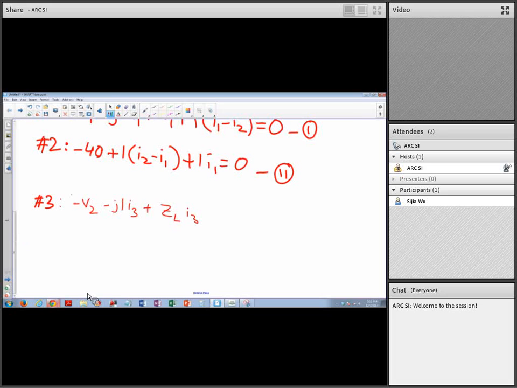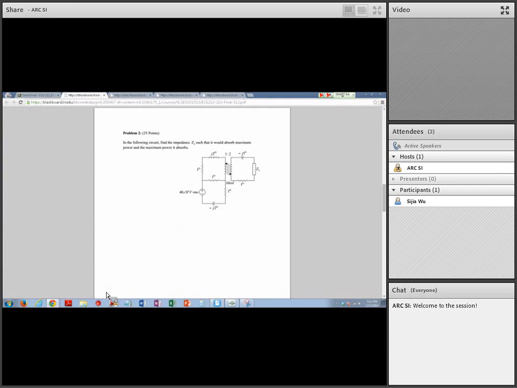Let me double check the question. For this one, actually, the other thing we could do is find the Thevenin equivalent.